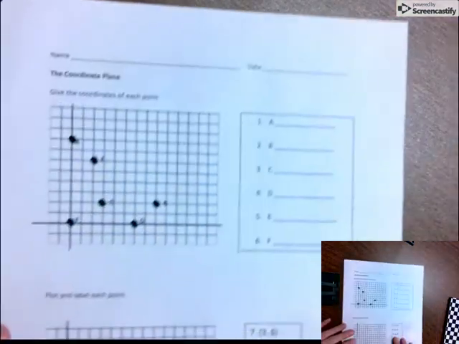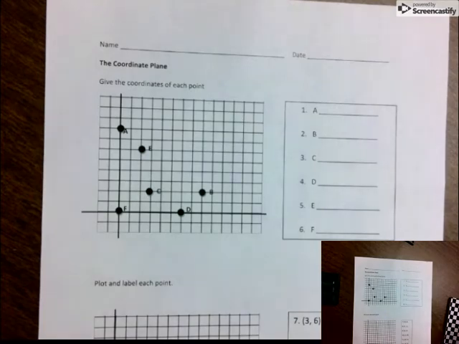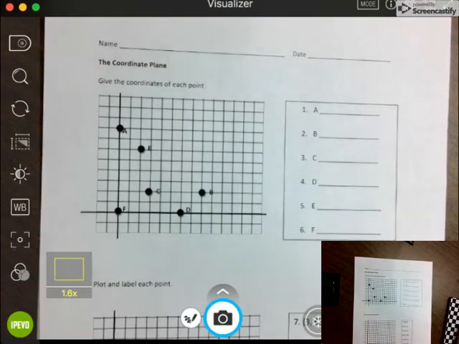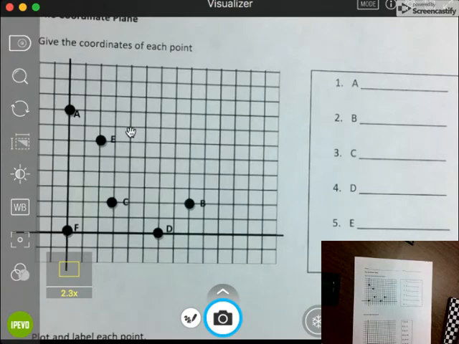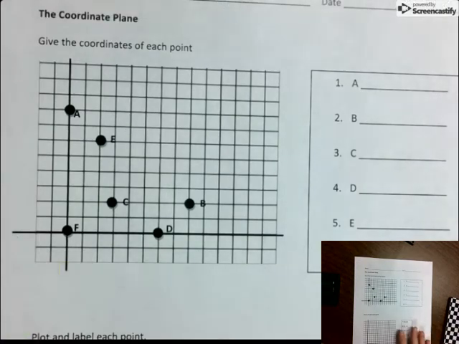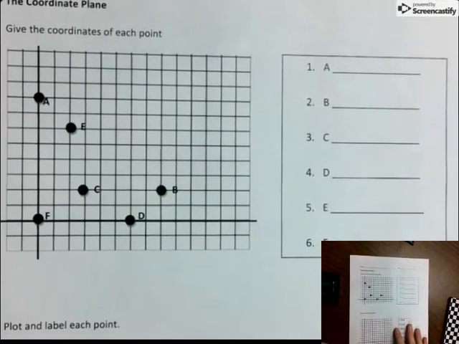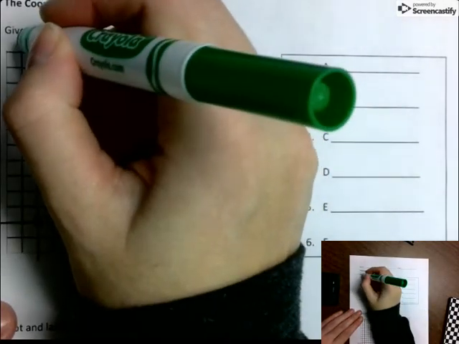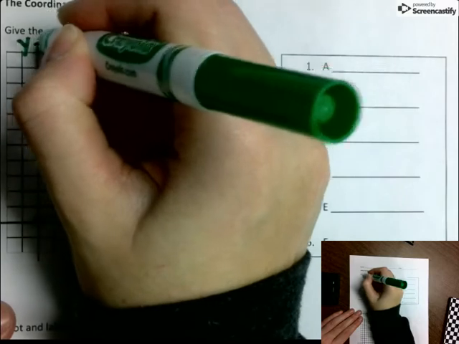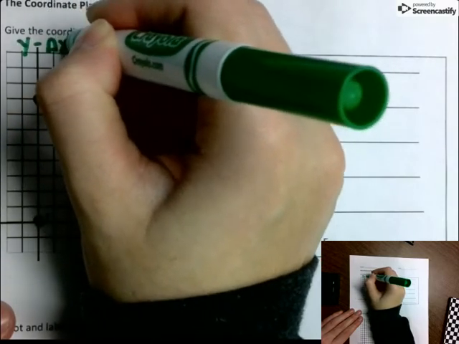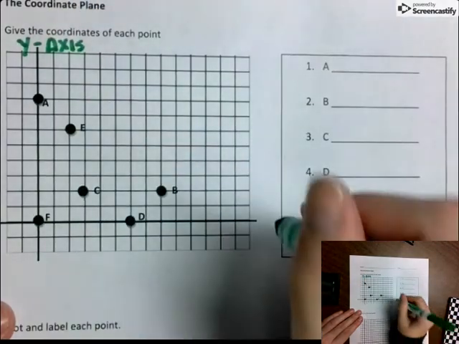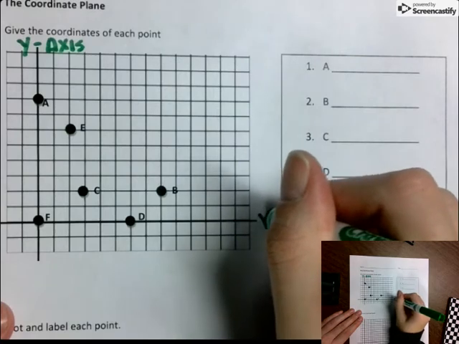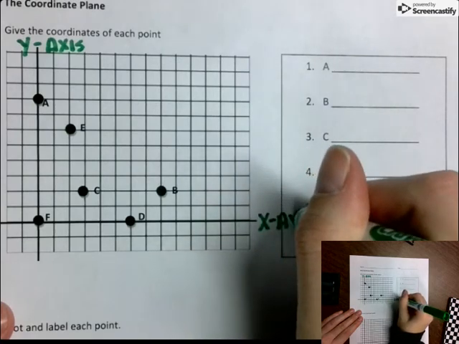On the back side, we are going to look at the opposite. Instead of plotting points, we are going to write the points. So A, let's label y-axis, x-axis.